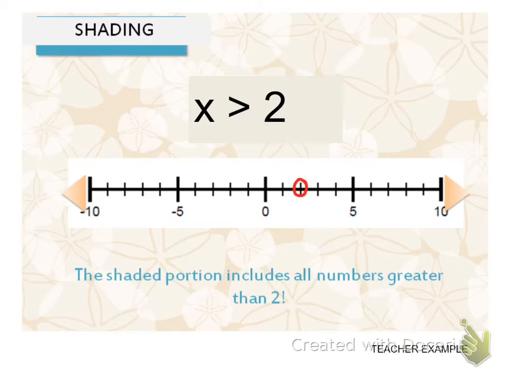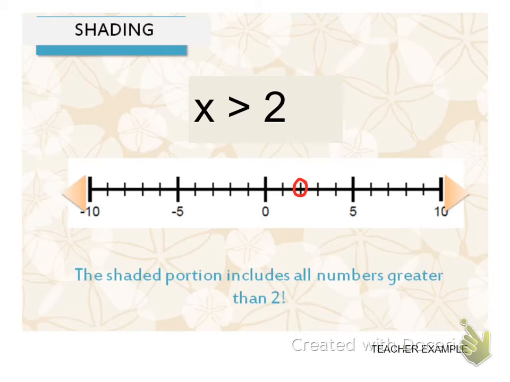It means it does not include that number. It's not equal to. So because there is not an equal sign right here, so if there was, we would put a closed circle. It includes it. But in this case, there is no equal sign. So we're going to put an open circle. It means it does not include the number 2.